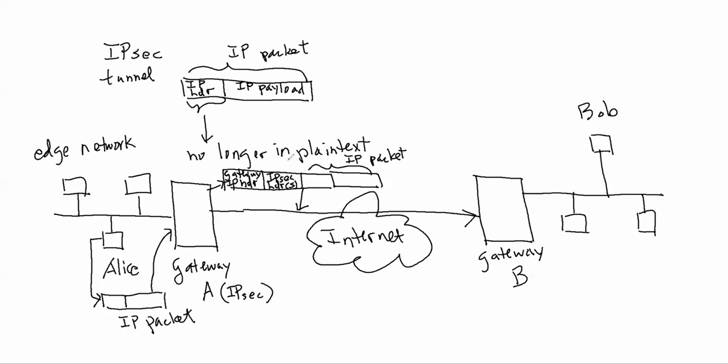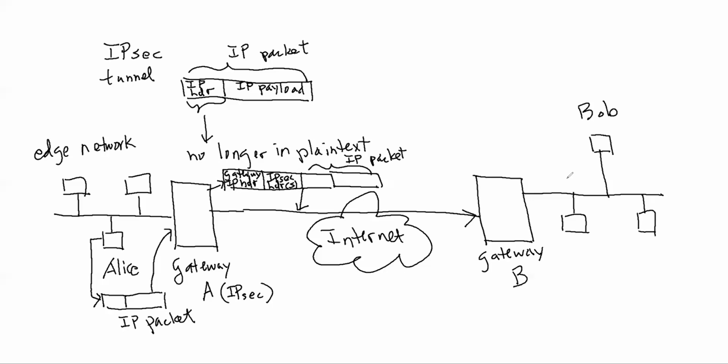Then gateway B handles IPsec. If it's encryption, then you have to decrypt it to extract the original IP packet. If it's authentication, then it verifies the signature to authenticate this IP packet.